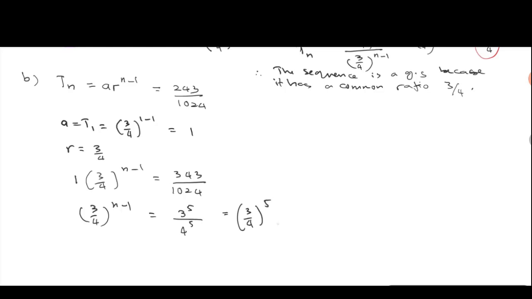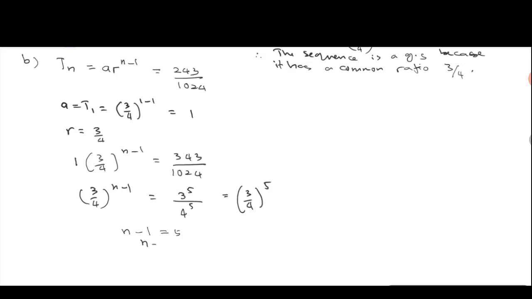So here we have exponential form with the same base, that is 3 over 4. So we can compare the indices: n minus 1 equal to 5. So we have n equal to 6. So the sixth term is equal to 243 over 1024.